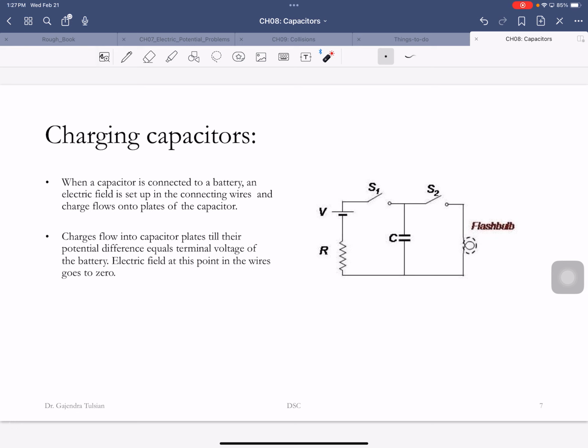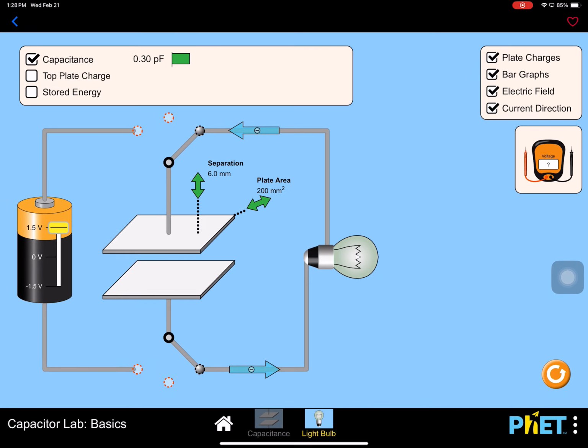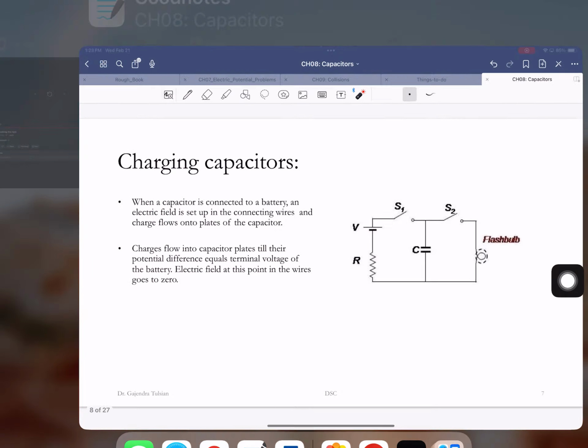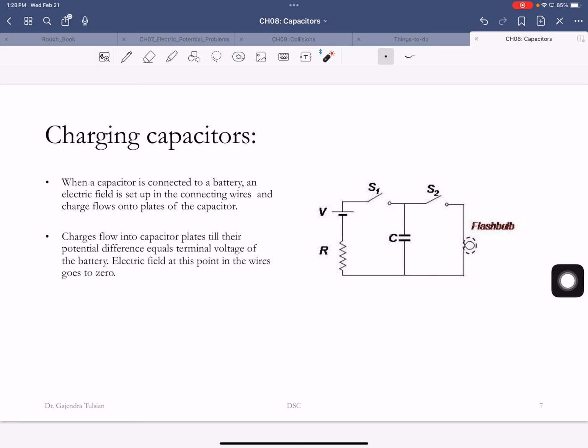All right, so charging a capacitor. So here's a capacitor, and this is the same circuit. This is the circuit that I showed you there. So this circuit is what's drawn there. So here's what happens.